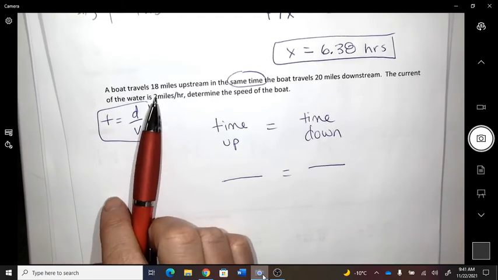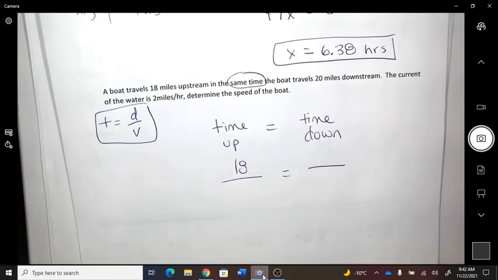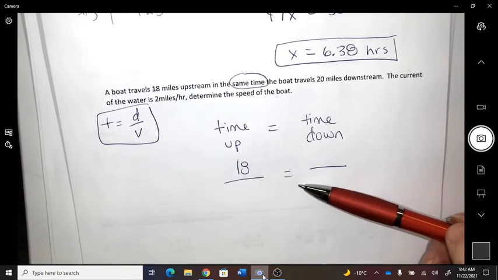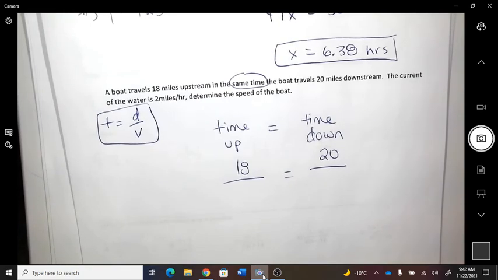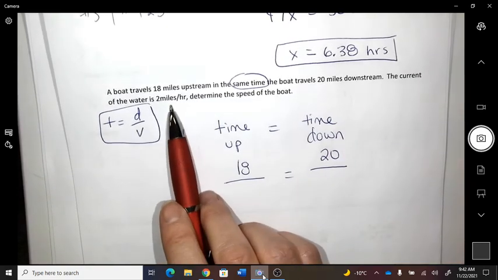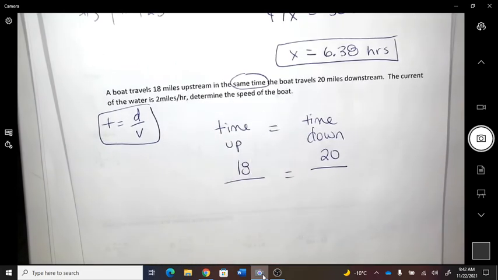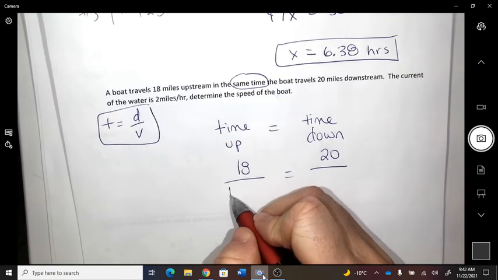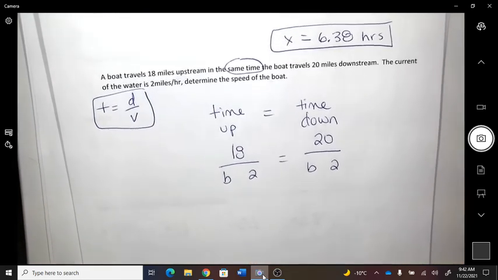Okay, the boat travels 18 miles upstream. So that's there. In the same time, the boat travels 20 down. The current of the water is 2 miles per hour. Determine the speed of the boat. Okay, so this is the boat, this is 2, this is the boat, this is 2.